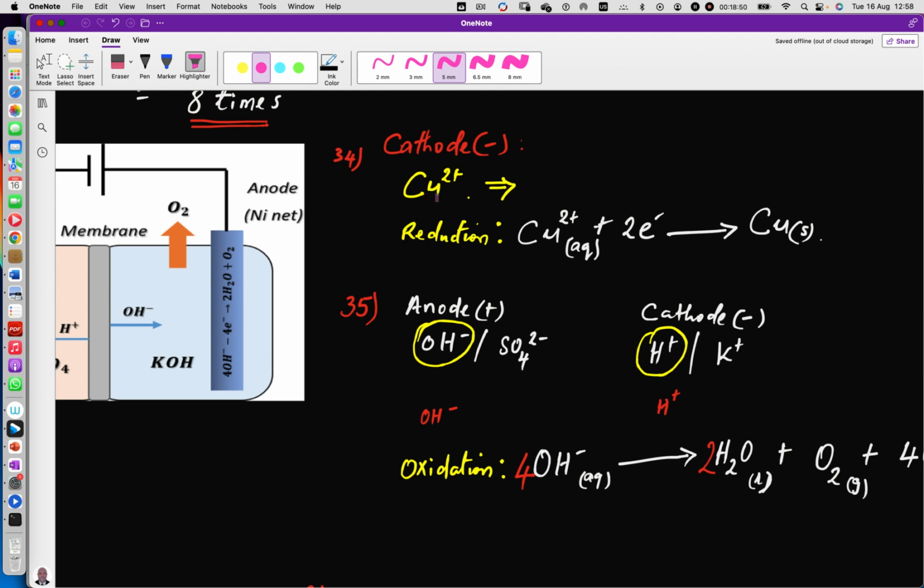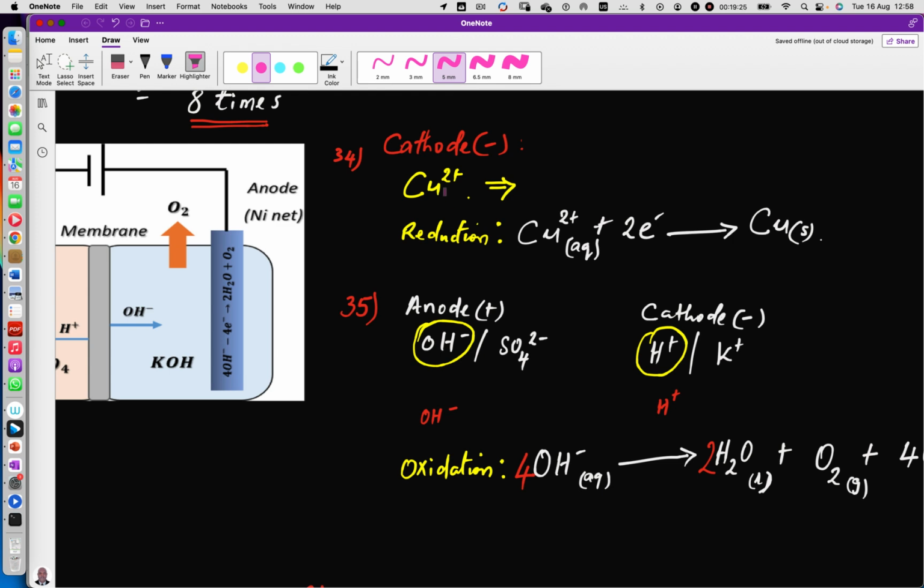So what will happen here will be reduction. It is easier for the copper 2+ ion to be reduced than to be oxidized. In other words, it is easier for the copper 2+ ion to gain electrons, and when it gains electrons, it is reduced.